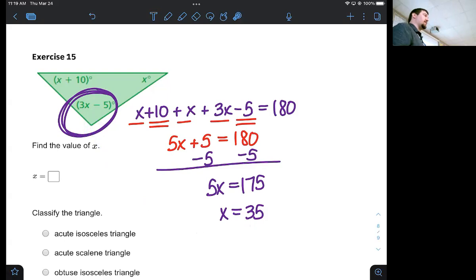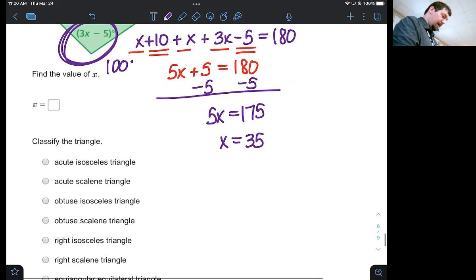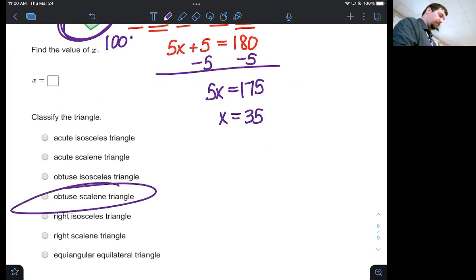What's 35 times 3? This is important. Otherwise, we're not going to be able to classify this. 105. What's 105 minus 5? 100. So this is a 100-degree angle, and that's important because now I know what kind of triangle it is. Obtuse. It's obtuse. Are any of the angles the same? No, so none of the sides are the same. So obtuse, scalene. Obtuse, scalene triangle.